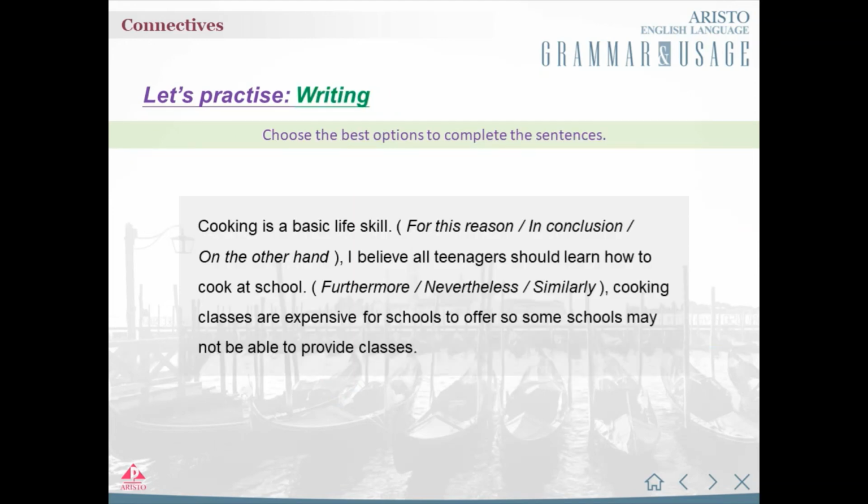Let's practice writing. Choose the best options to complete the sentences.